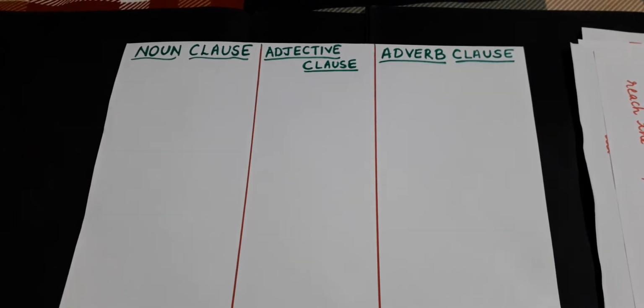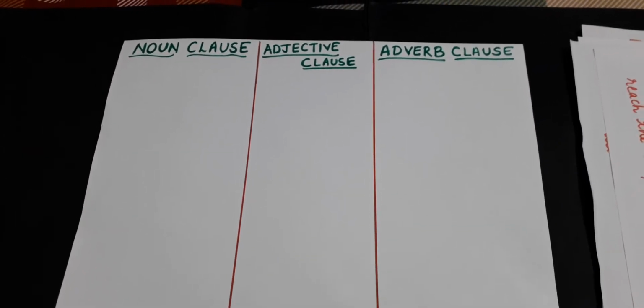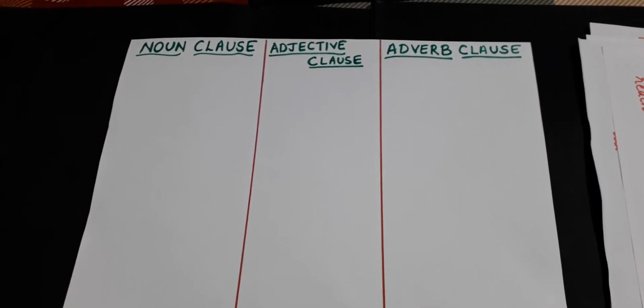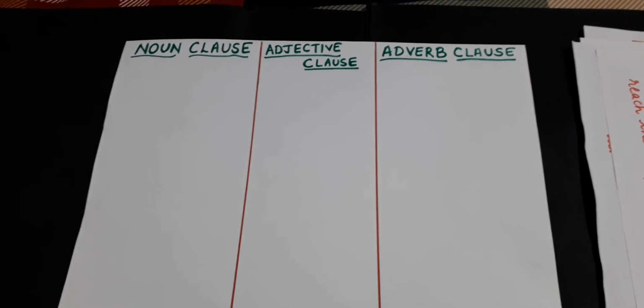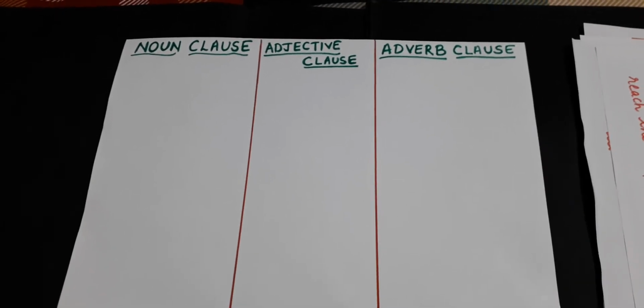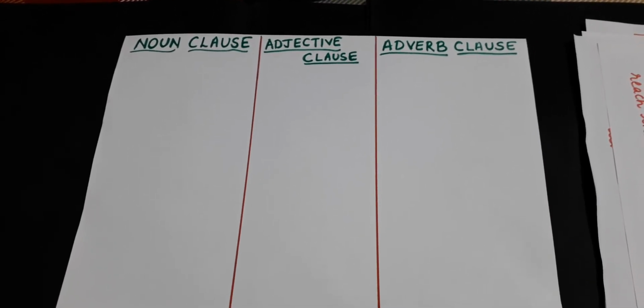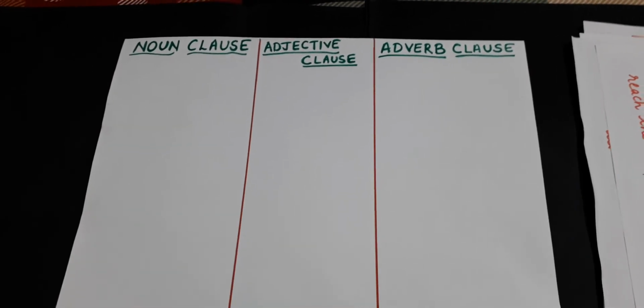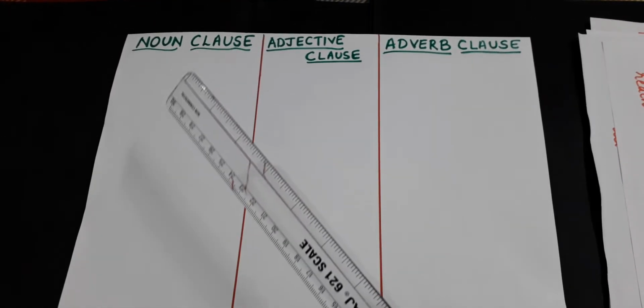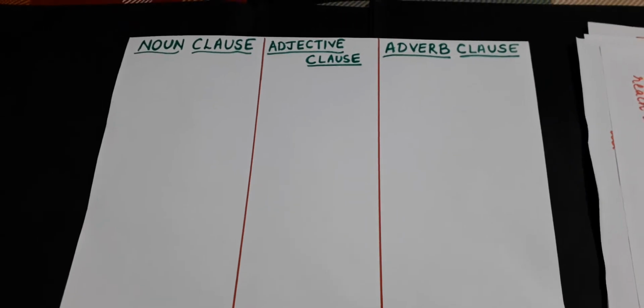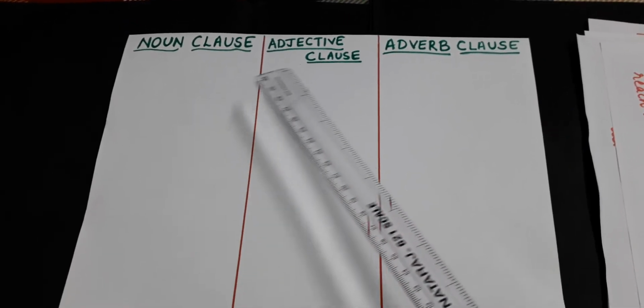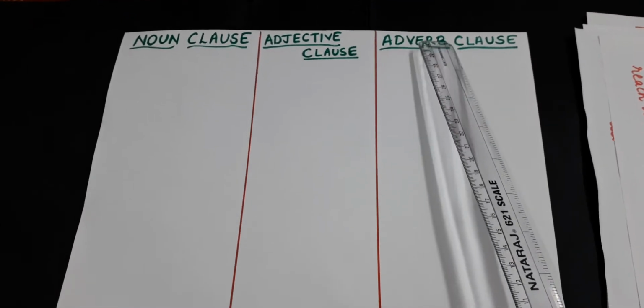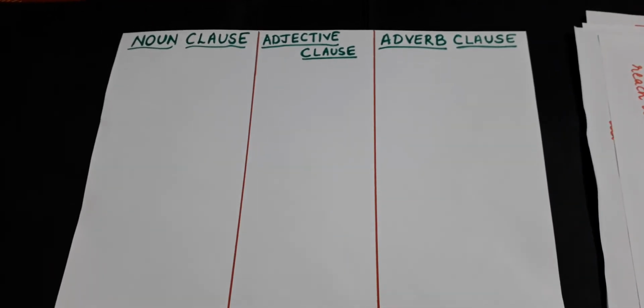For this activity, different types of sentences will be given to you and you have to identify the clause and its type, whether it is a noun clause, adjective clause or adverb clause.